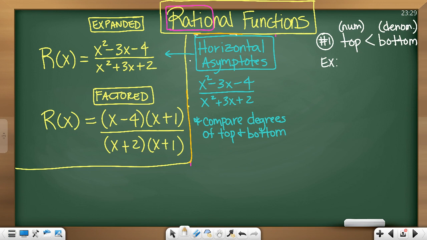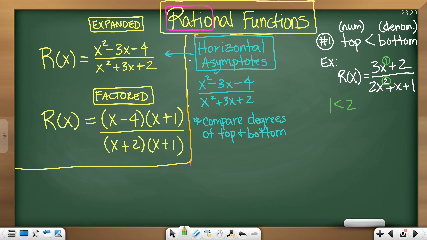Here's an example. That would be something like R of x equals 3x plus 2 over 2x squared plus x plus 1. If I look at the degrees of these, this is degree 1, that's degree 2. 1 is less than 2, so the top is less than the bottom.